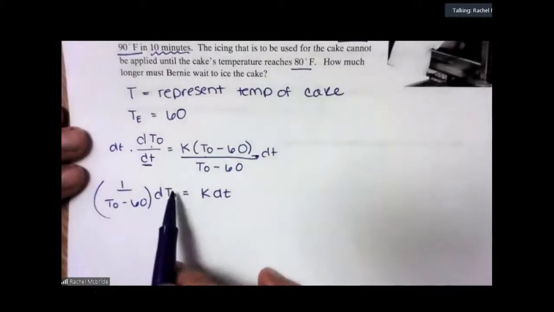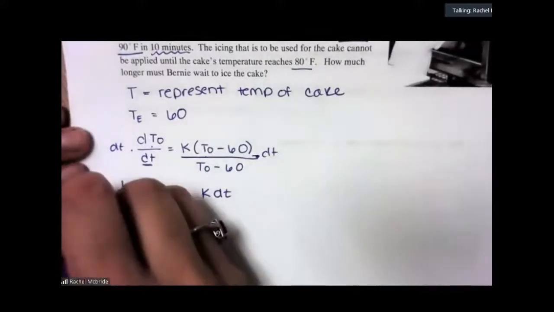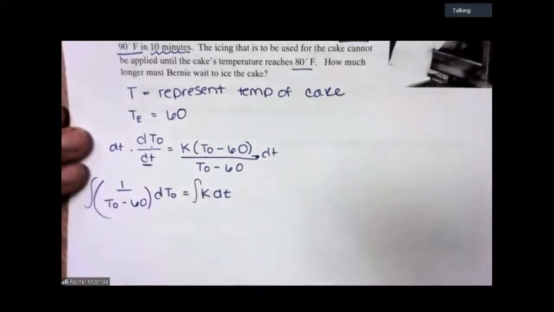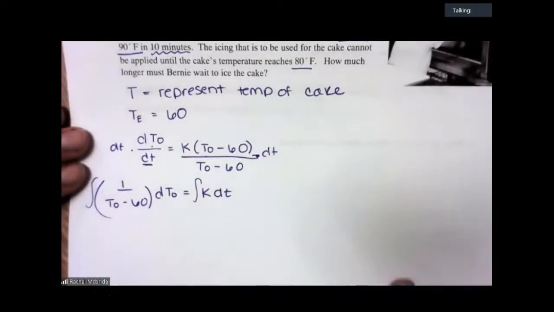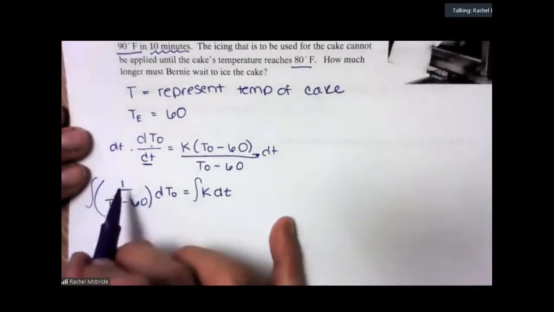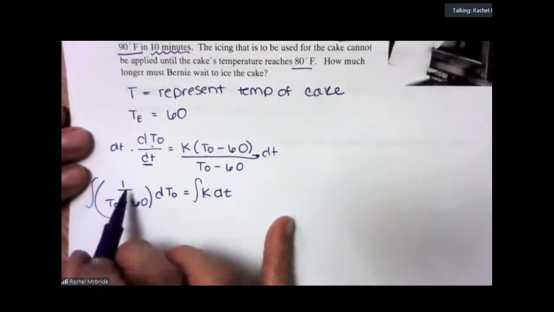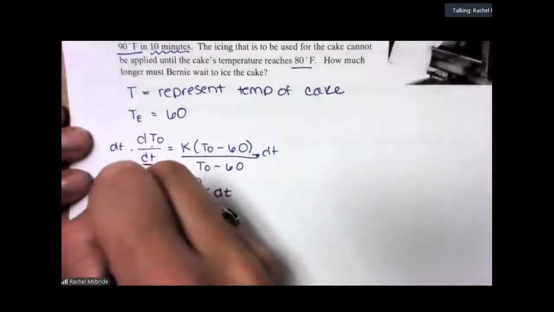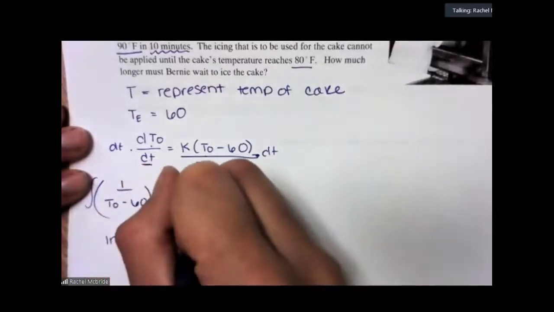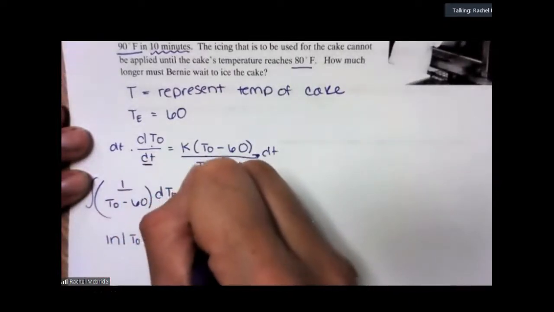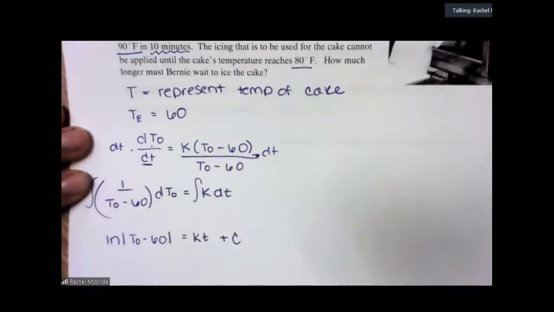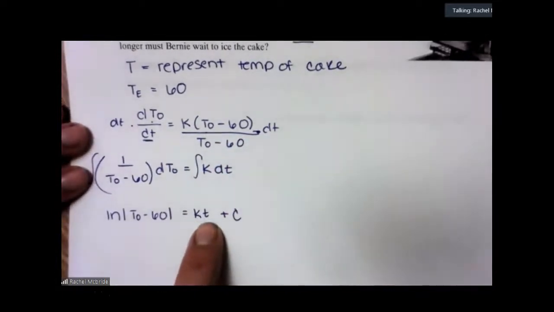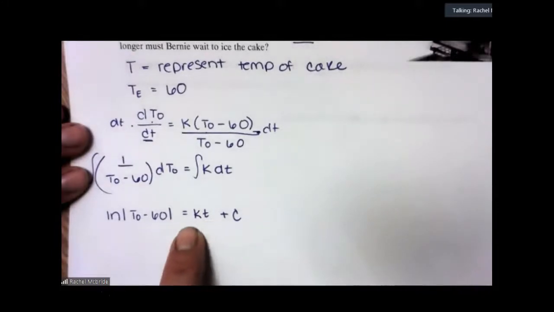If we have a dT and a dt, we're going to integrate. This is a natural log because you have subtraction of a variable down in the denominator. So you get the natural log of T minus 60 equals kt plus C, because k is just a constant. dt is your variable of integration, which means you add a constant back.